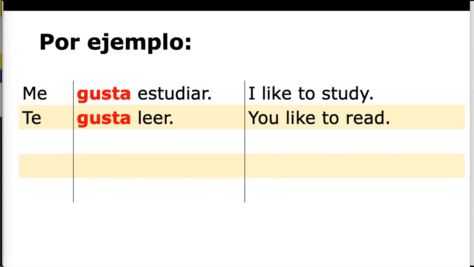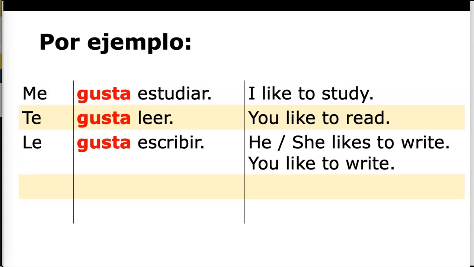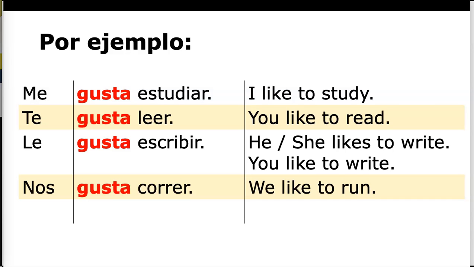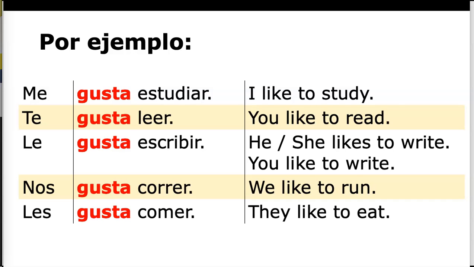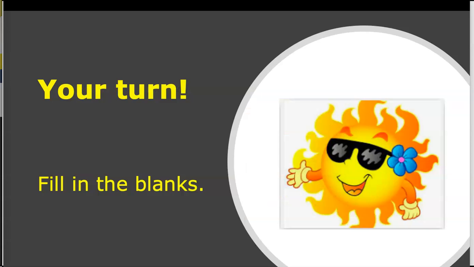Te gusta leer, you like to read. Le gusta escribir. Again, without further clarification, it could be he or she likes to write, or you formal like to write. Nos gusta correr, we like to run. Les gusta comer, they like to eat.